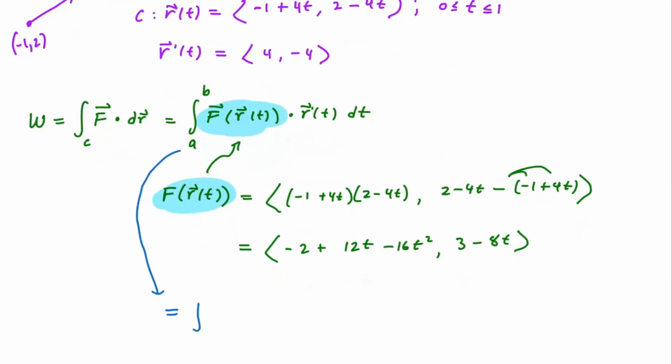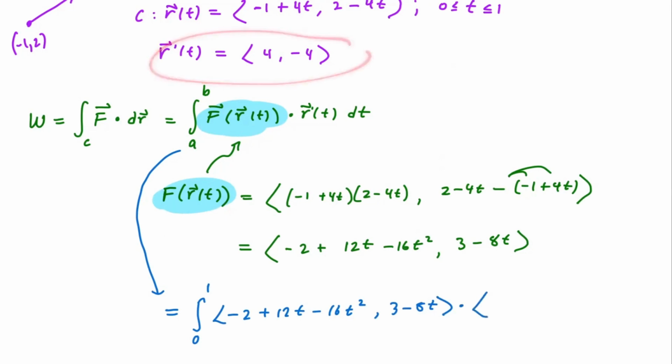This is the integral for t from 0 to 1. f of r of t is the last line you see above: -2 plus 12t minus 16t squared, and 3 minus 8t for the next component. We're going to dot this with r prime, which is 4 comma -4, dt.